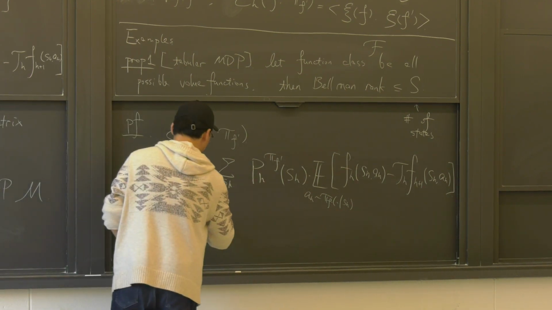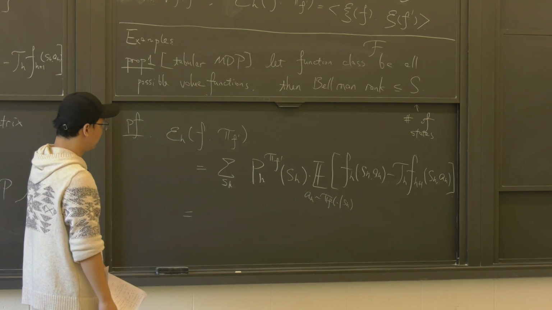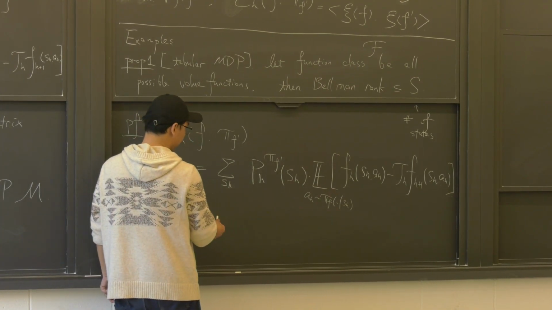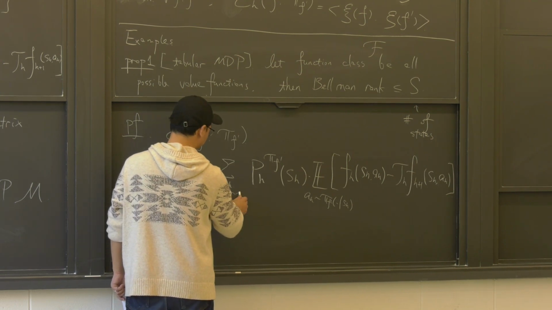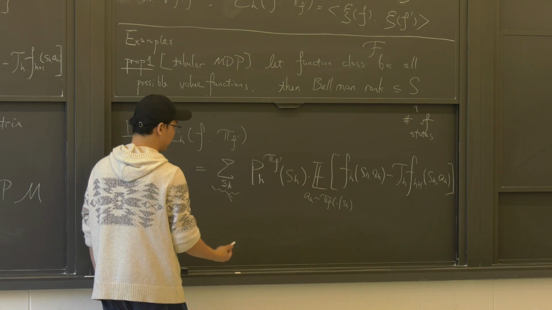What's important? This is pretty straightforward. This essentially is an inner product form. An inner product is a summation over an index, and here the index is the state.